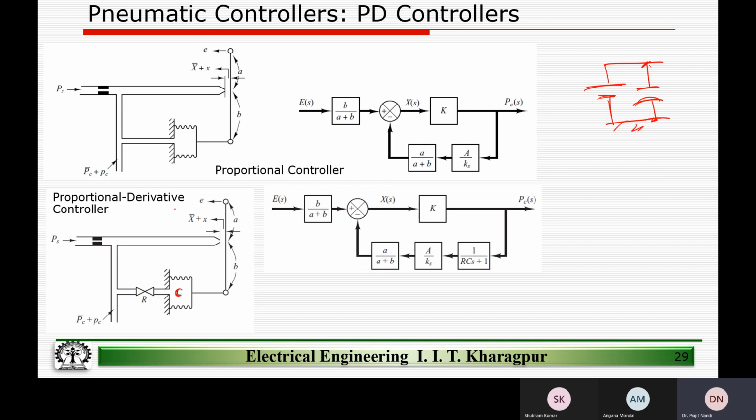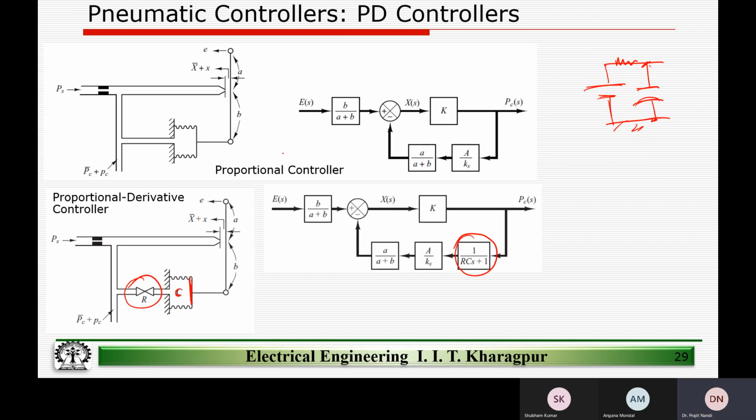However, if I introduce a delay, and that is what we do here by introducing an orifice or a valve here, which provides a resistance R, then we are bringing this guy into picture. A times Ks is still there because this is the force balance equation, right?